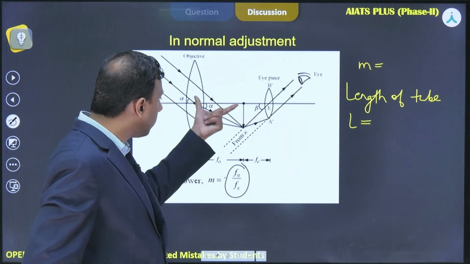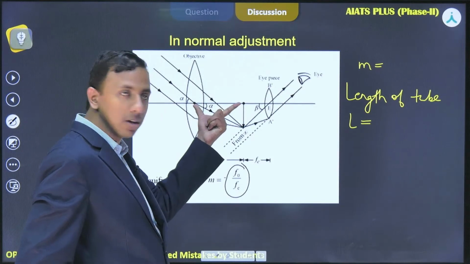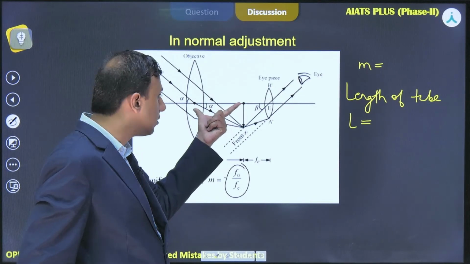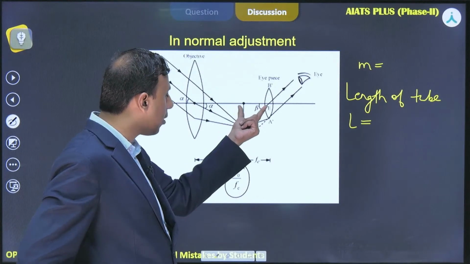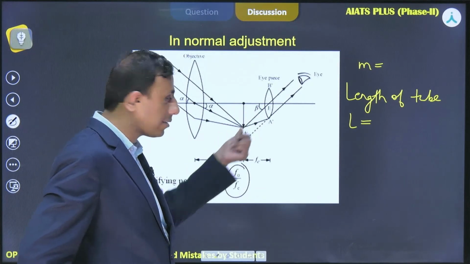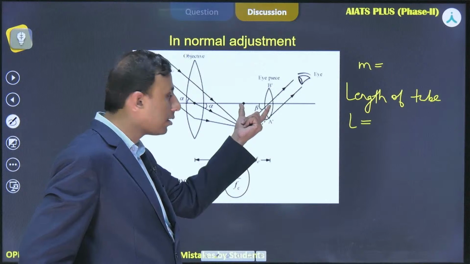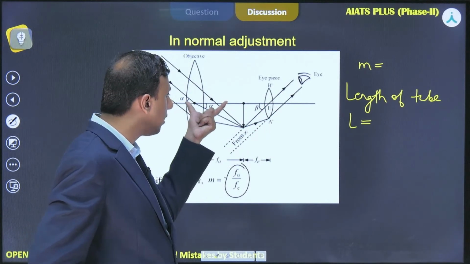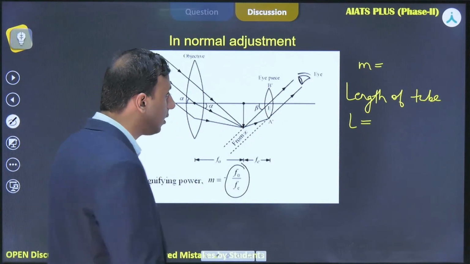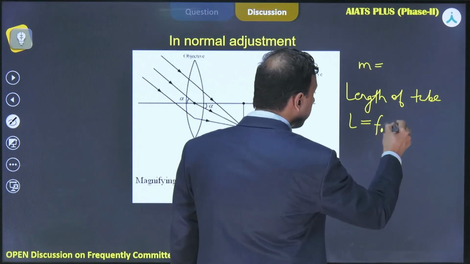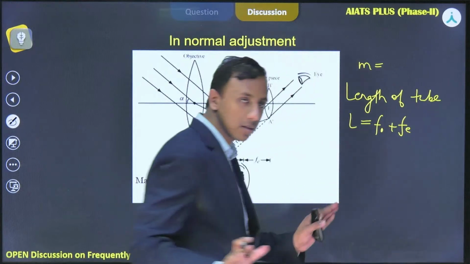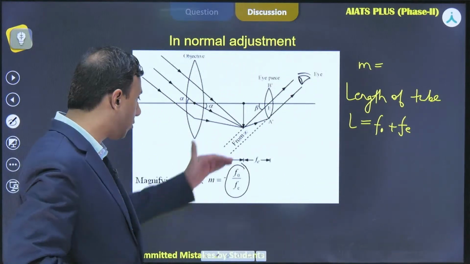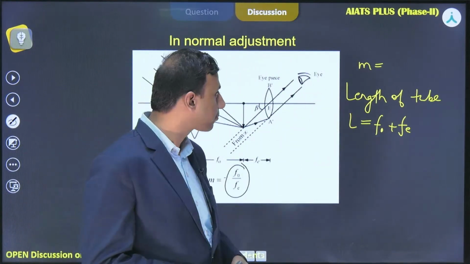The light rays converge over here, so this should be the focal length of the objective. And from here, the light rays never intersect, so this should be the focal length of the eyepiece. So the length of the tube is simply F naught plus Fe. That's all. So two important formulas: F naught by Fe and this one.